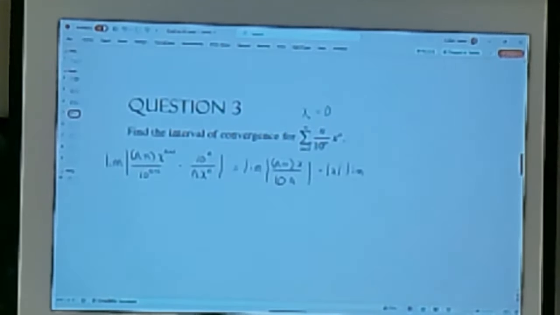I'm going to leave the 10 in there. Actually, for my purposes, it is going to matter, for what I want to observe. What is that limit? One over 10.